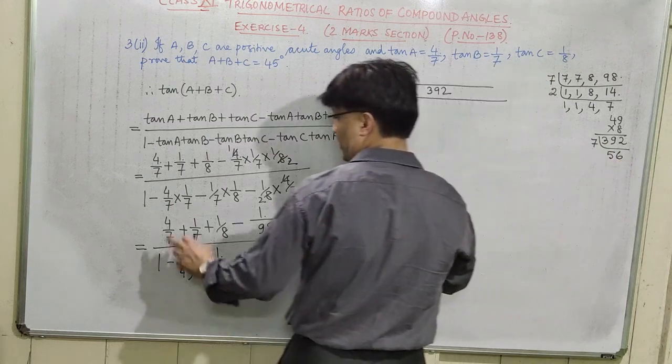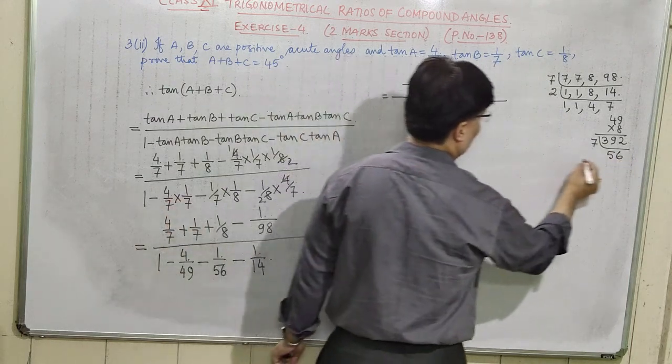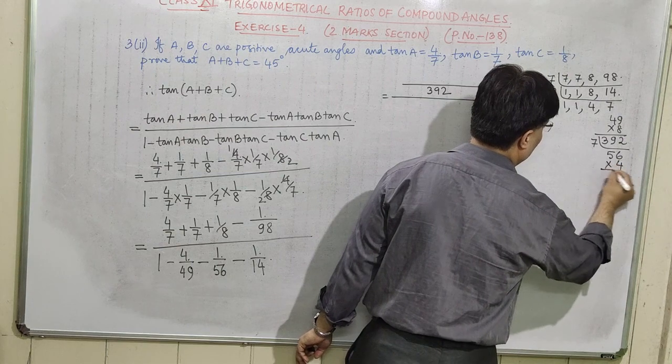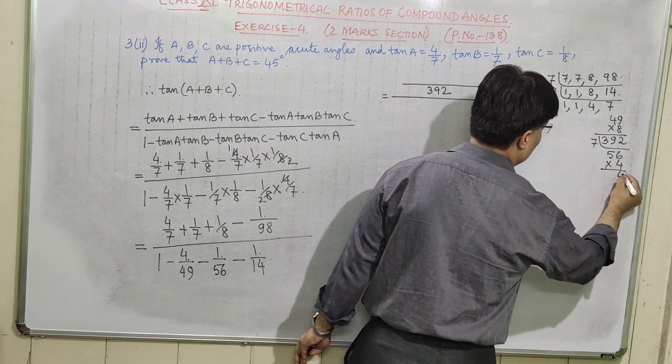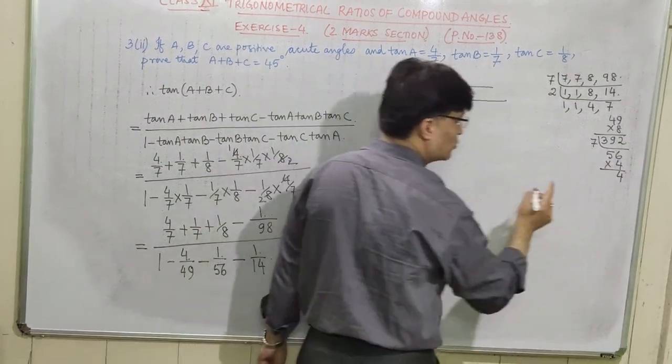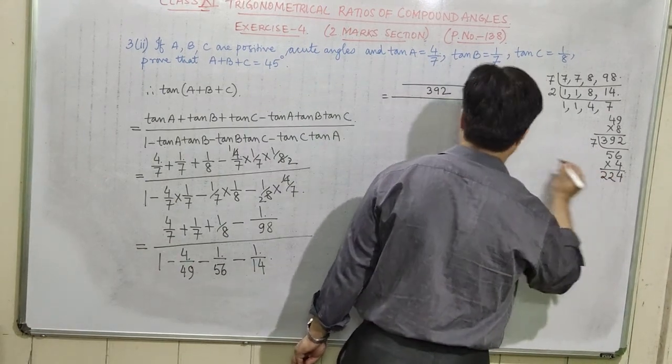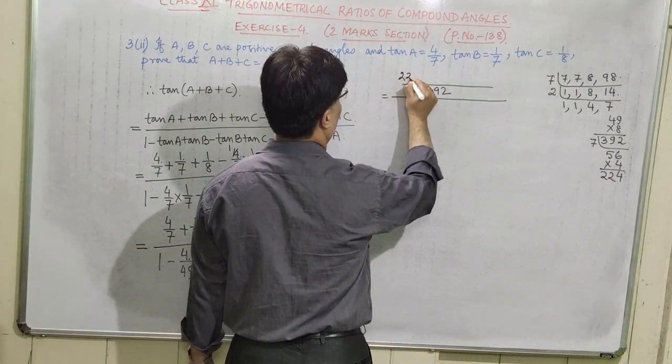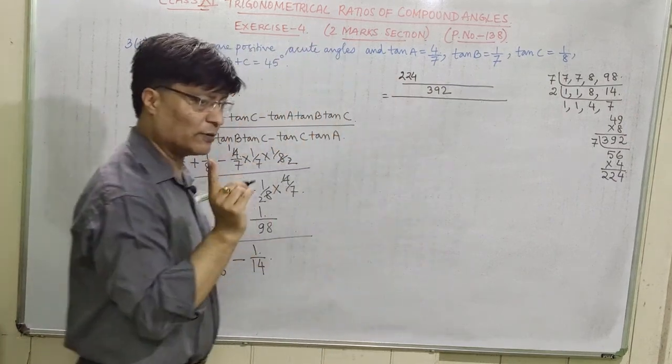So it is 56. So 56 multiplied by 4, what is it? 4 6s are 24, 5 4s are 20 plus 2 is 22. So it is 224, right?